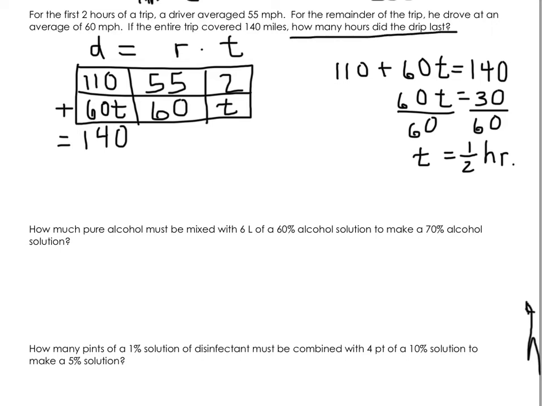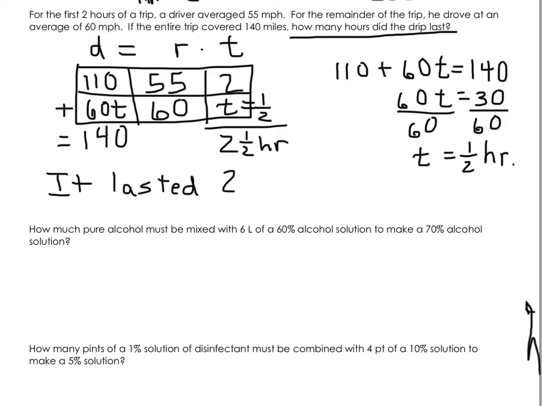Well, we know that we have 2 hours for the first part of it, and if t is 1/2, then the total trip lasted 2 1/2 hours. So it lasted 2 1/2 hours.